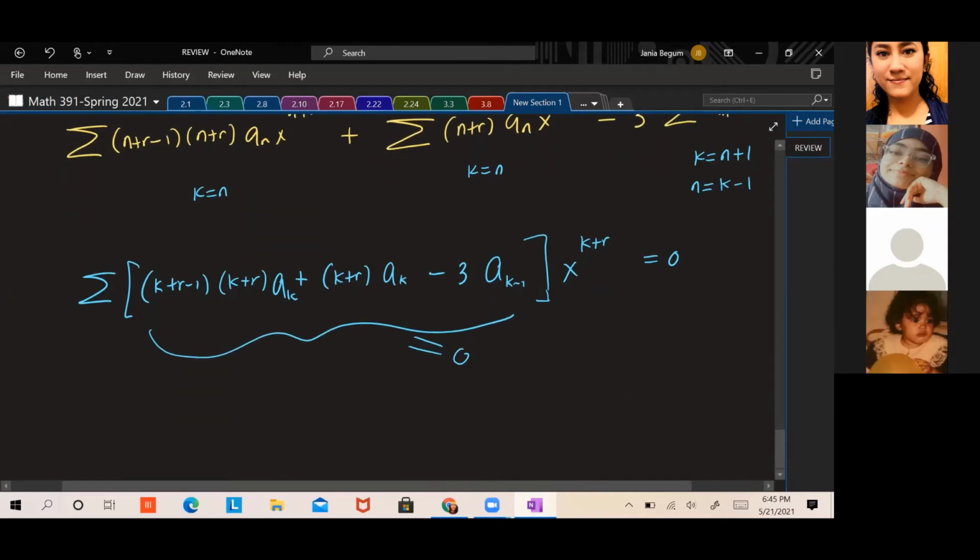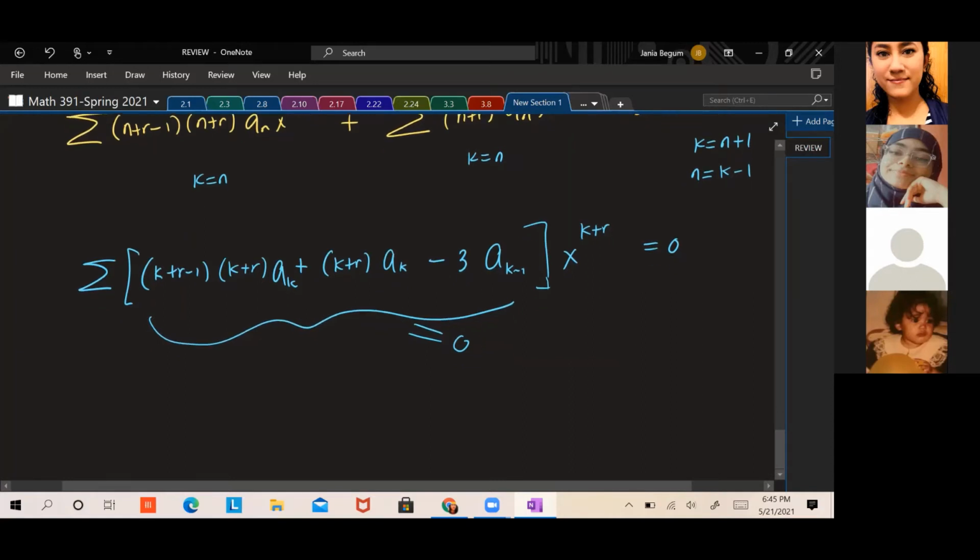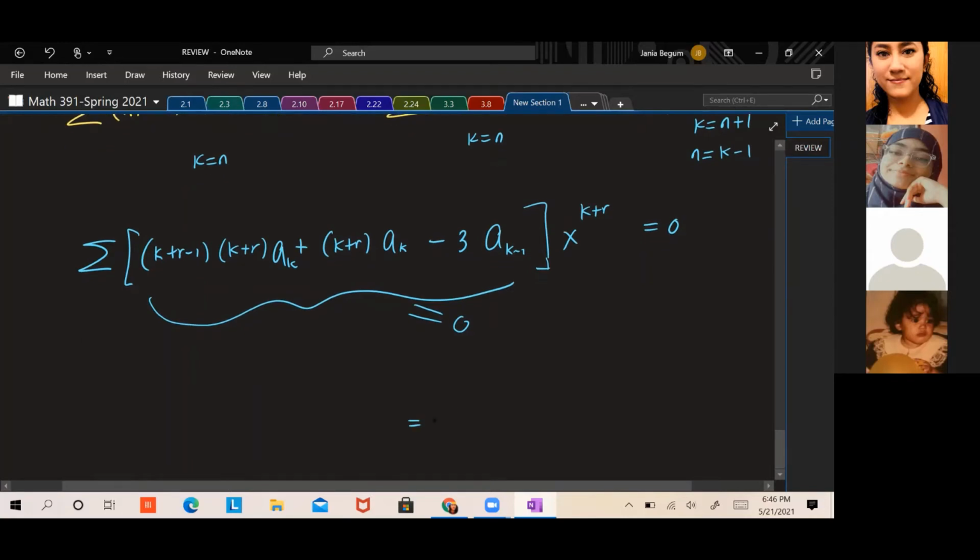So now, like Matt said, we solve for the highest subscript. In this case, that would be a sub k. So I'm going to move the negative 3 a sub k minus 1 to the right. So that will give me positive 3 a sub k minus 1. And on the left side, I'm going to factor out a sub k.